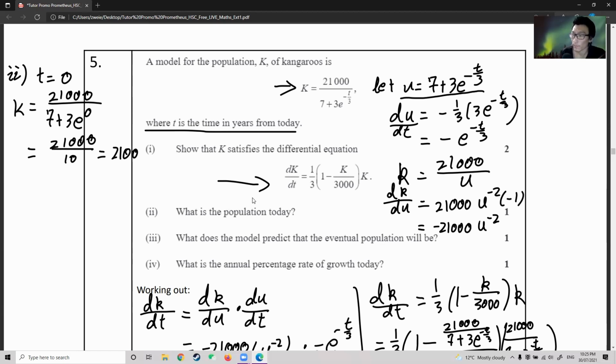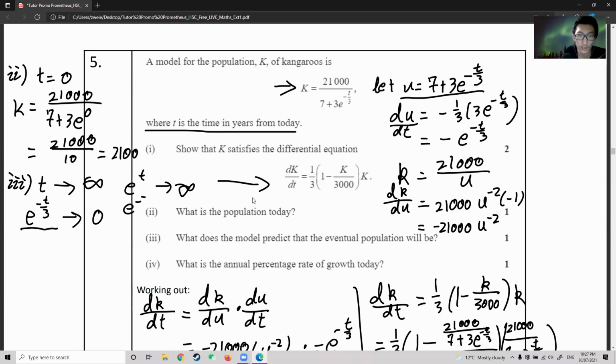All right, now part 3 says, what does the model predict that the eventual population will be? Over here, essentially we'll have t approaching infinity. When t approaches infinity, we know that e to the power of negative t on 3 will be approaching 0, because e to the power of t will approach infinity, but e to the power of negative t will approach 0.